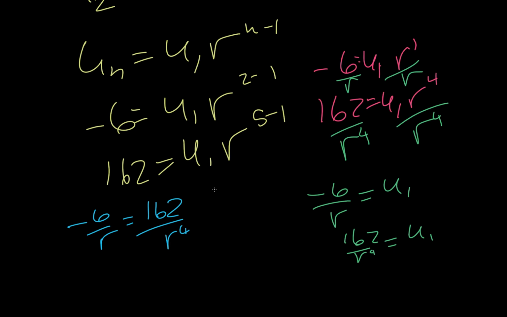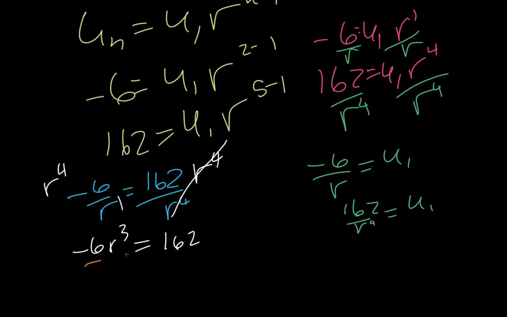And we can break up the fraction by multiplying both sides by r to the 4th. So it cancels here. We're left with 162. Right here, this is like r to the 1, so we subtract, so it's really negative 6 r cubed. And then we can divide both sides by negative 6.